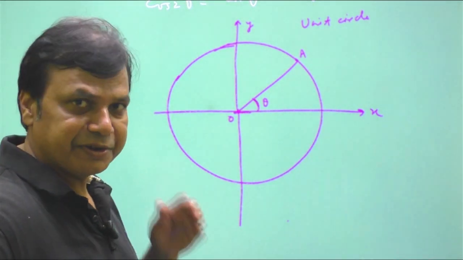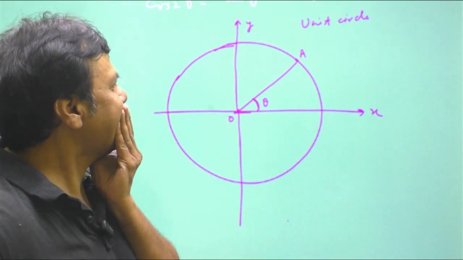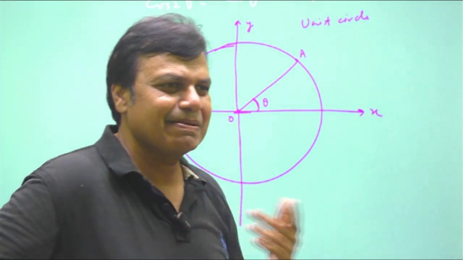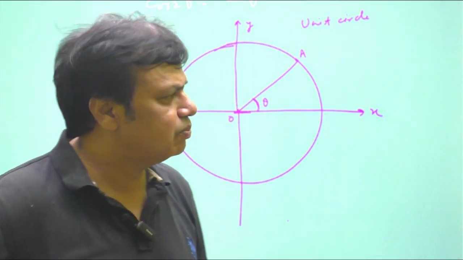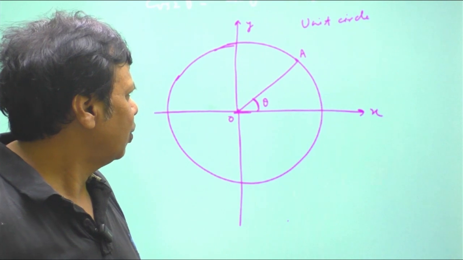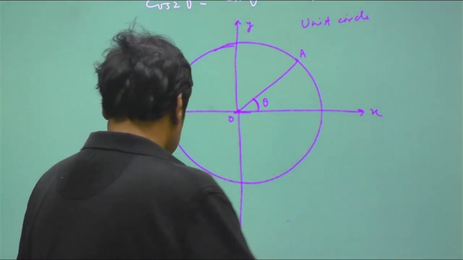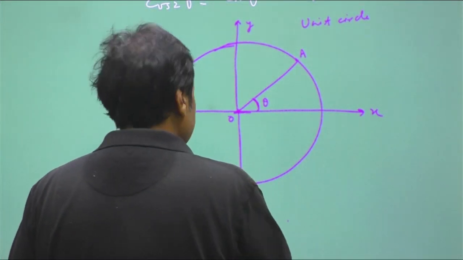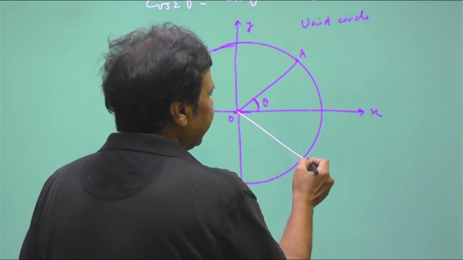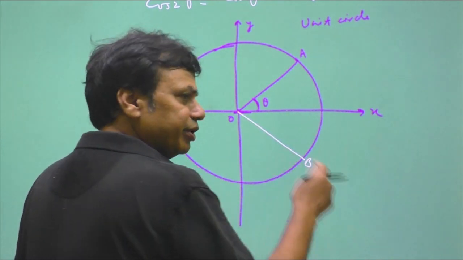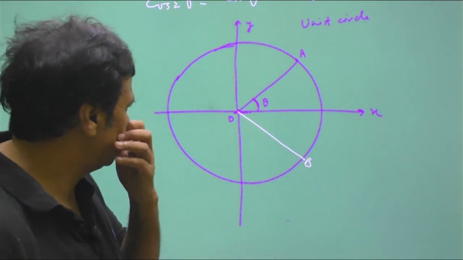OA makes an angle theta with the x-axis. Now what happens if I draw a point B here and OB is also equal to 1 unit.